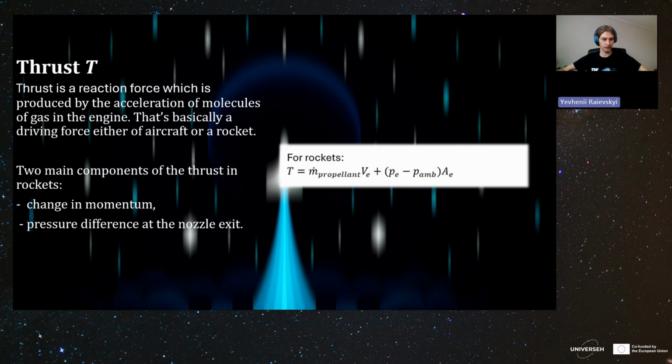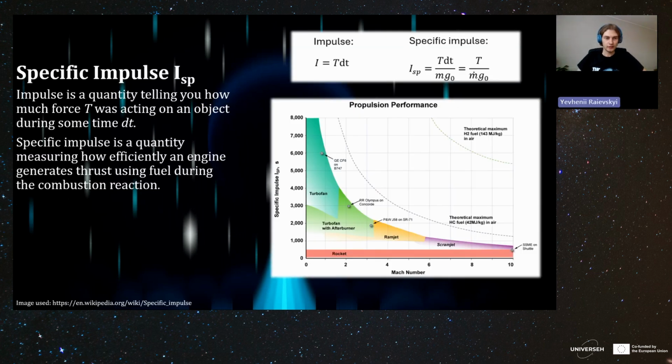So the thrust is slightly bigger, and the thrust, this quantity, is very useful to understand what a specific impulse is. The specific impulse is a quantity allowing you to compare engines and how efficient they are.